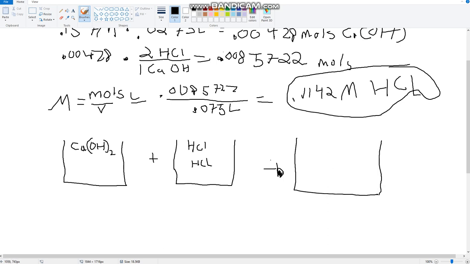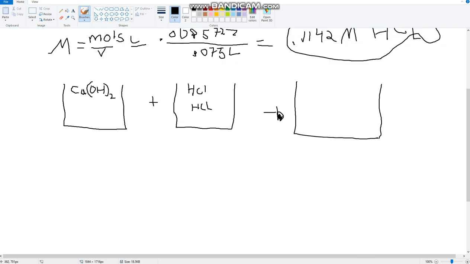Well, before that, we can see that each of these are alkali metals or they are dissolvable in water. So HCl will break down into hydrogen ions and chloride ions because it is a strong acid. And calcium hydroxide will also do the same because it's a strong base.